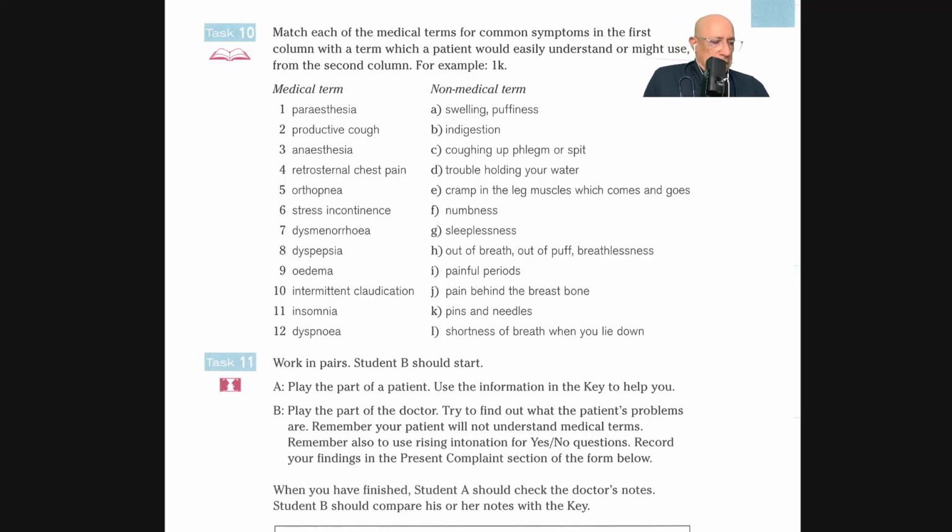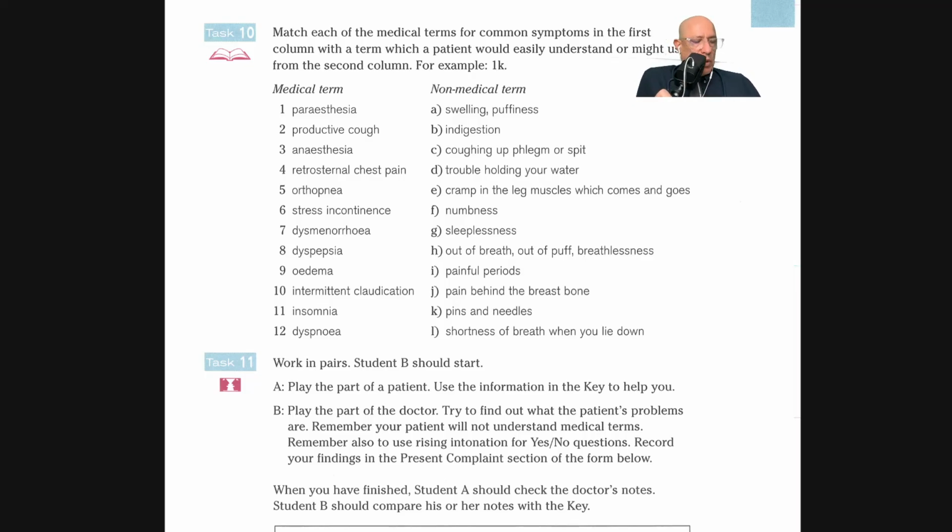All right, let's go through them. 1, paresthesia. The best answer for this would be pins and needles. 2, productive cough.